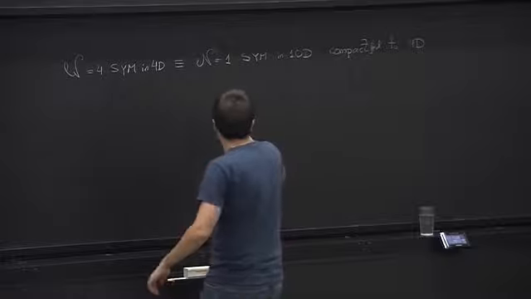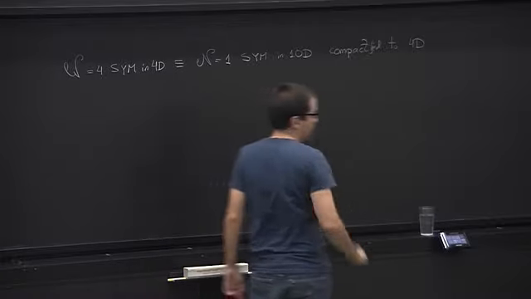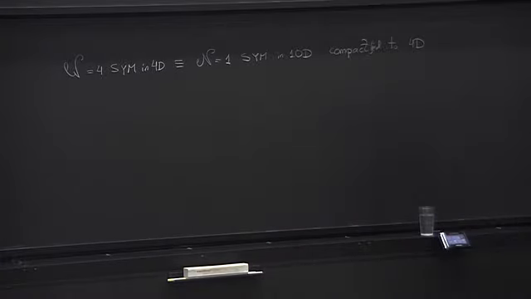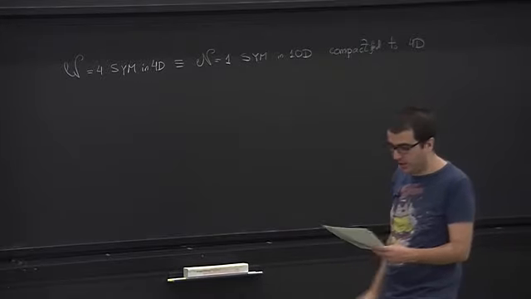Okay? So this is the low energy description of open strings in 10 dimensions, and you restrict to 4 dimensions to get the effective description on the D3 brane.